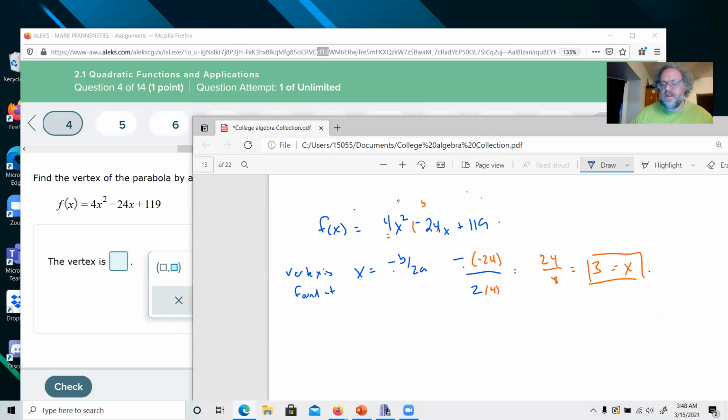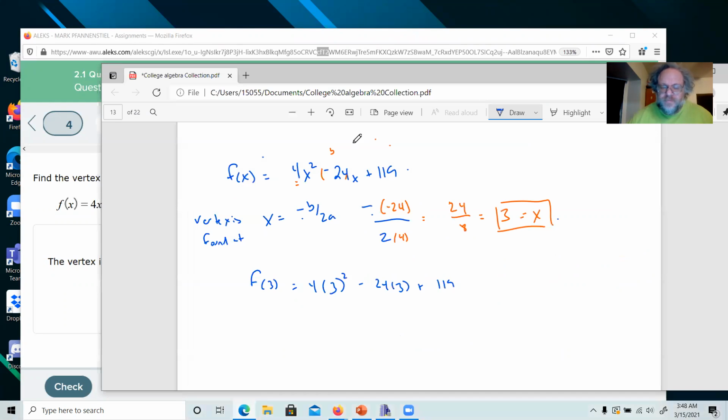Now we've got to plug it in. So what is f of 3? This is that b over 2a stuff, see? When it's 3, it's not nearly as scary. So this is equal to 4 times 3 squared minus 24 times 3 plus 119. 3 squared is 9. 4 times 9 is 36.